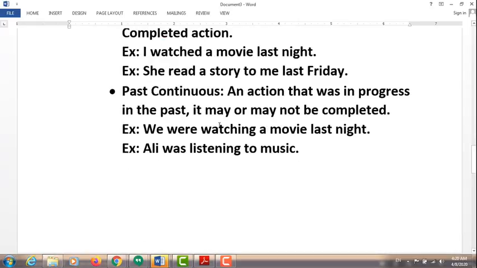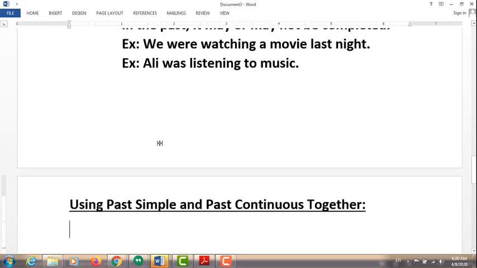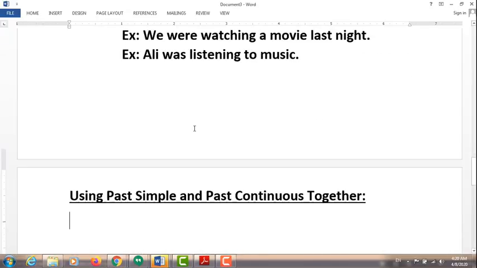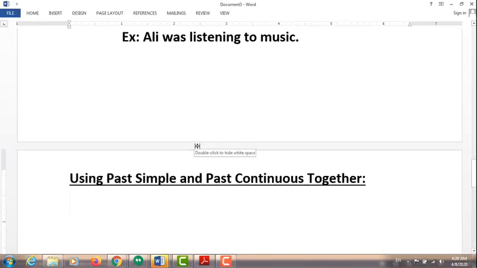When an action is completed, you use what? Past simple. When an action is in progress, you use past continuous. You don't know the completion, okay? What does it say? Use the simple past for a completed action in the past. Use the past continuous for an action in progress before or at the time of the past simple action.